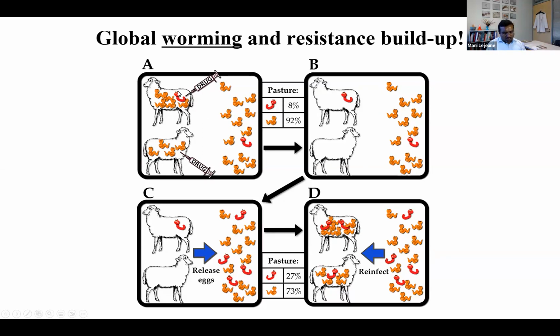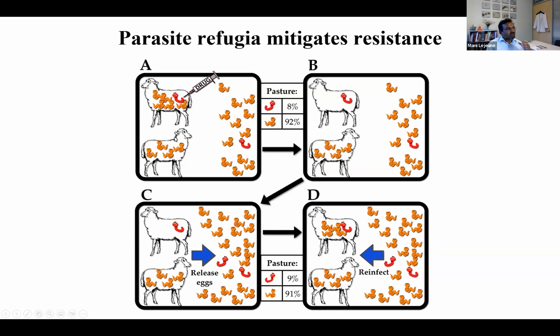And that is how this resistance is building, because of treating all animals in the herd. But if you want to get rid of it, then you need to think about creating refugia, which is not treating all animals, but treating just the animals that require treatment and leaving the normal looking animals without any drug treatment at all. If you follow that strategy, then only a selected group is treated, and refugia is maintained in some animals, and that would allow the susceptible worms to take the upper hand in the pasture, and the resistant worms are diluted.